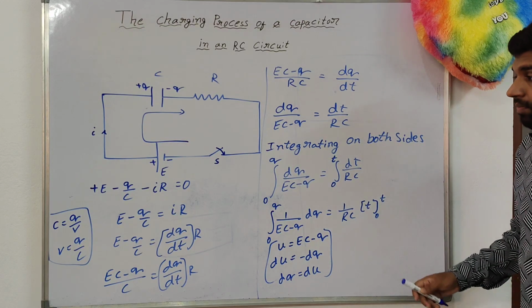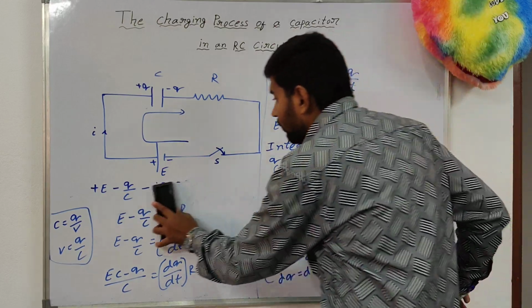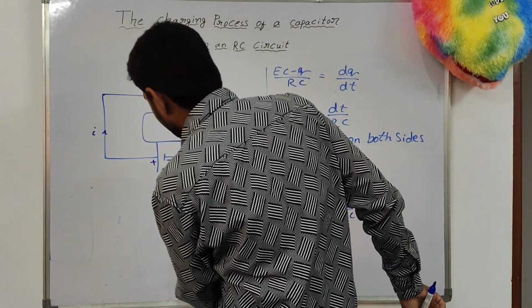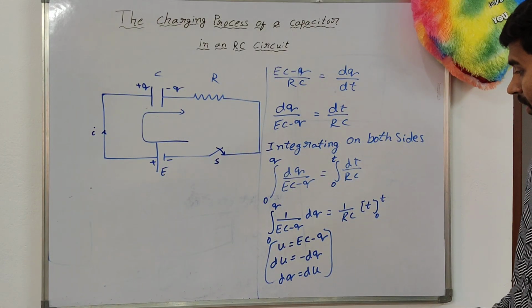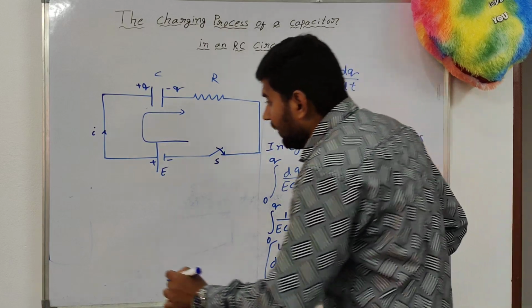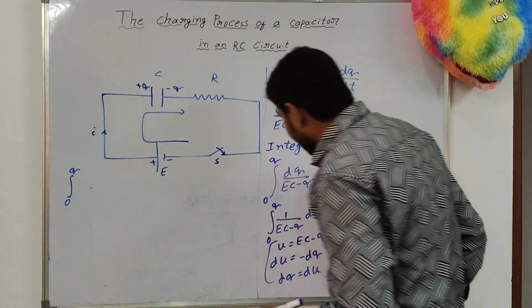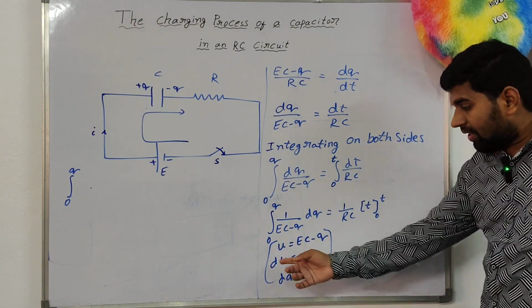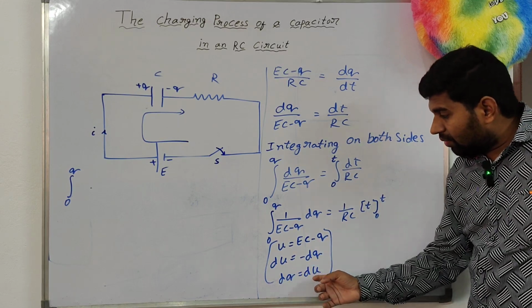Till now, is that clear? How will it be written? I can write integral 0 to q, considering the total EC minus q is equal to u. From this du is equal to minus dq, so dq is equal to minus du.